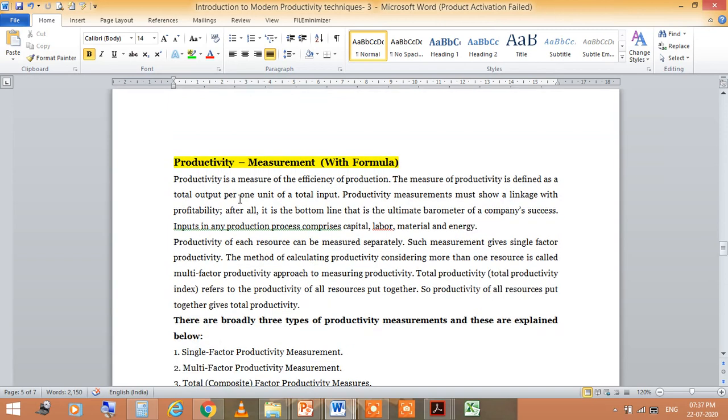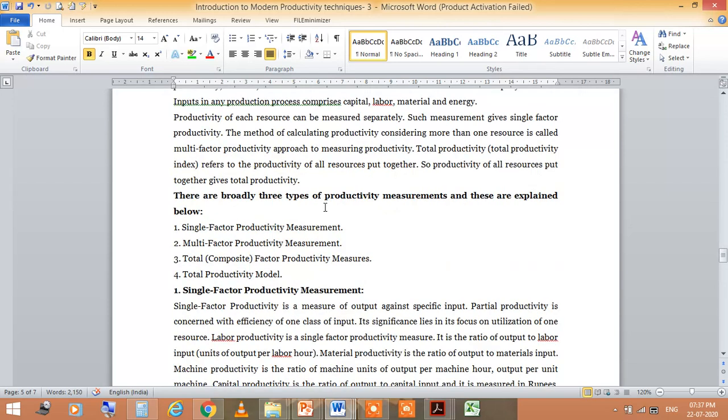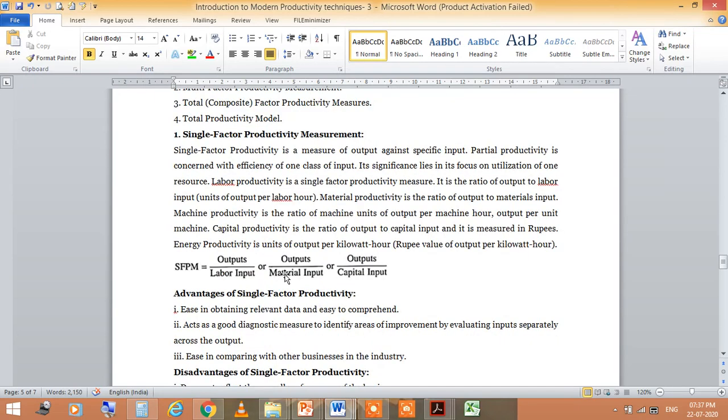Now productivity measurement with formulas. There are basically three types of productivity measurement, and these are explained below: single factor, multi-factor, and total or composite factor, then the total productivity model. In single factor productivity measurement, you can calculate through this formula: output divided by labor input, or divided by material input, or capital input.